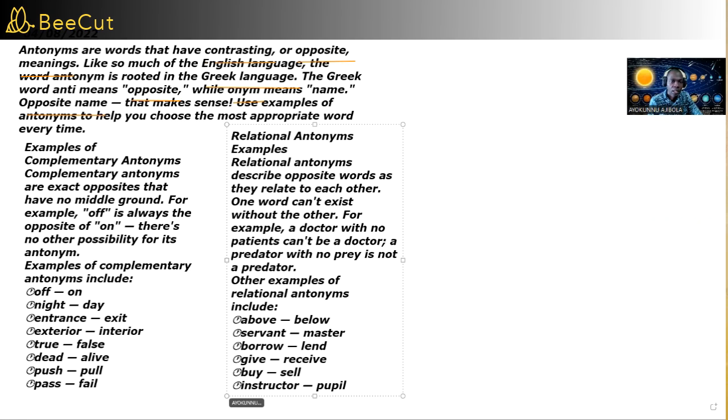For example, sad and happy are graded antonyms because someone can be quite sad or quite happy, mildly sad or mildly happy. Examples will be given right away. Let's go over to graded antonyms.